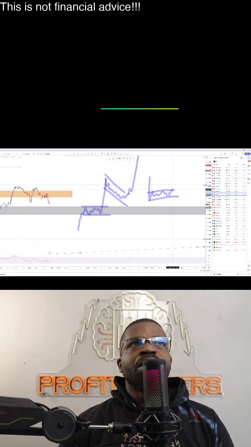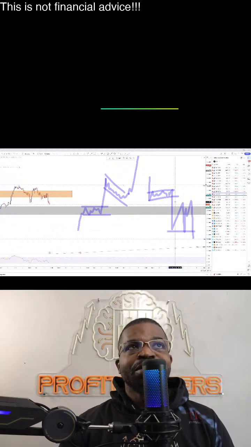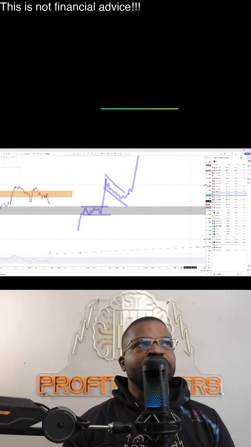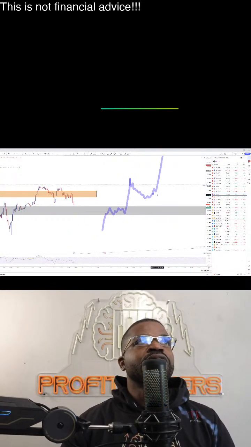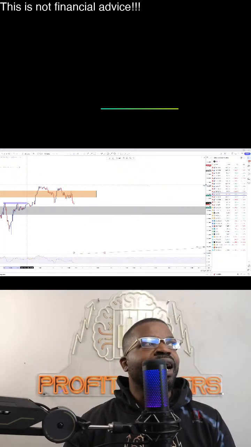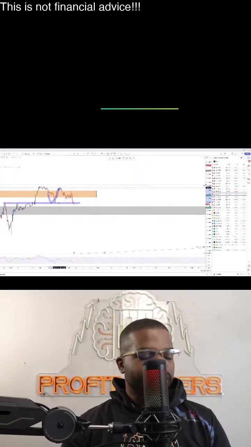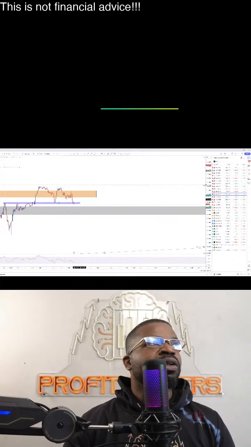So trading isn't just about understanding direction, it's about understanding process. And once you understand process, you'll be able to take advantage of any direction that you see. So right here at this area, this was a structural high. Once price broke above it, this retest confirmed that it is a structural level. Now, look at this.